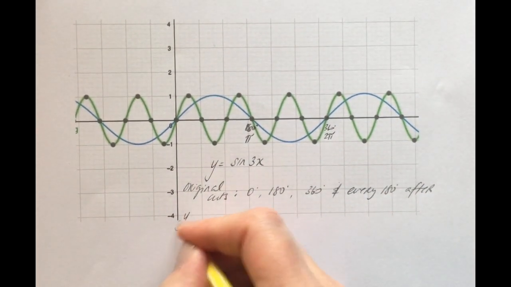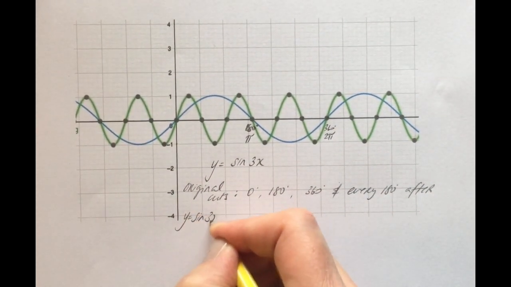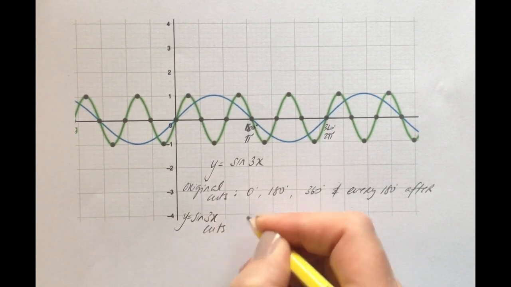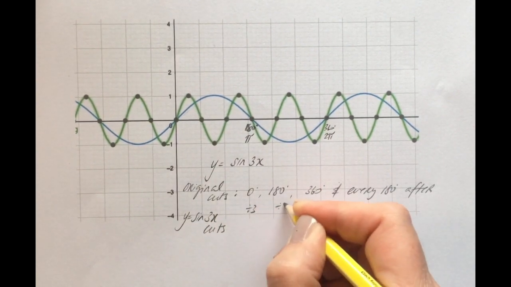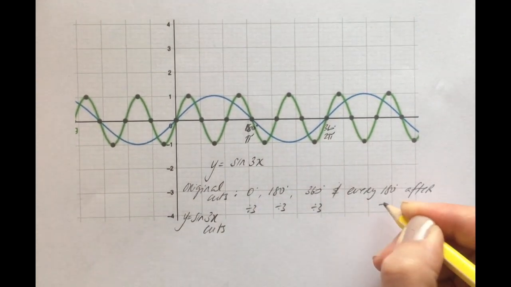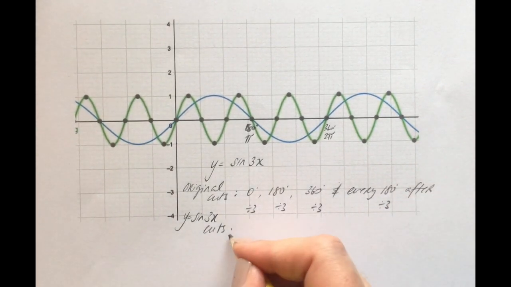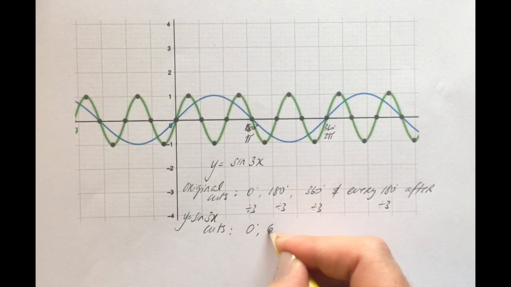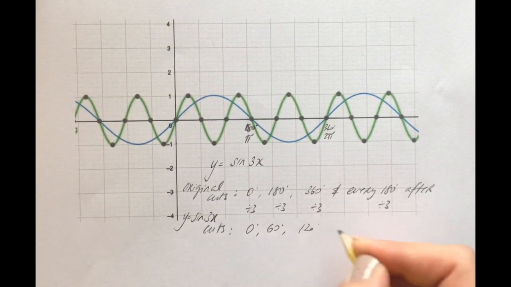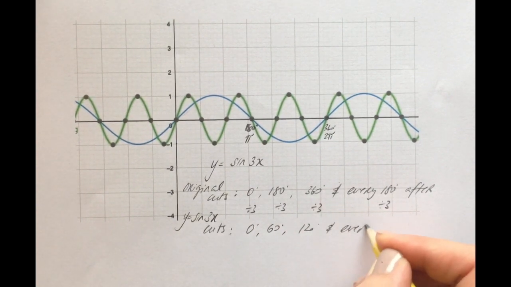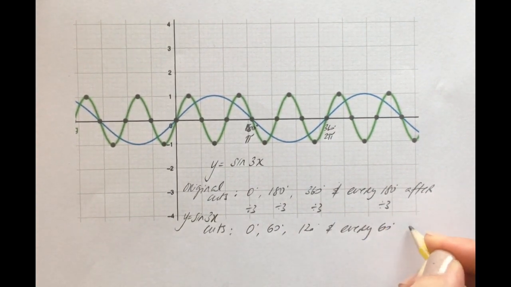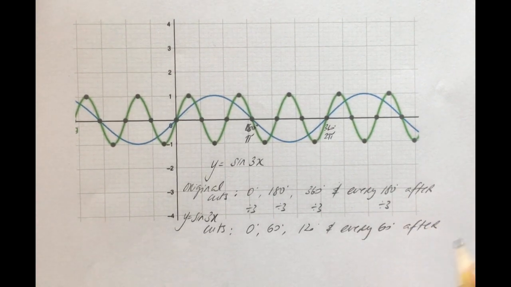So now the y equals sine 3x curve cuts, well, we'll divide that by 3, divide that by 3, divide that by 3, divide that by 3. So we're cutting at 0, 60, 120, and every 60 degrees after.